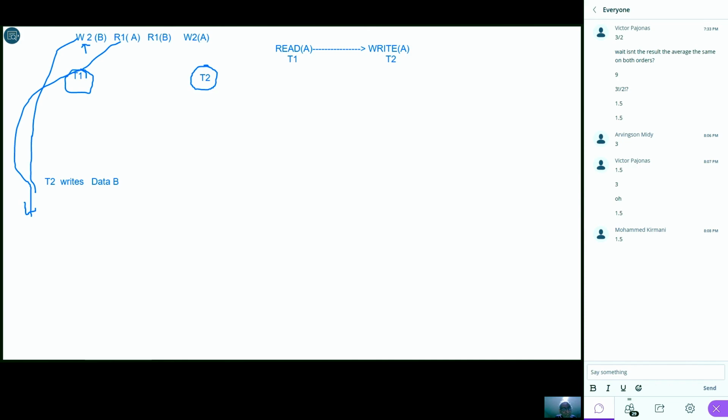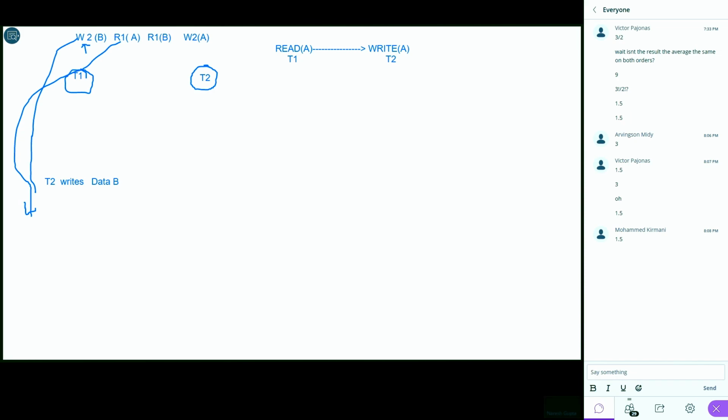Everybody got it? Okay, transaction 1 reads A, and the next one will be transaction 1 reads B. This is transaction 2 writes A.